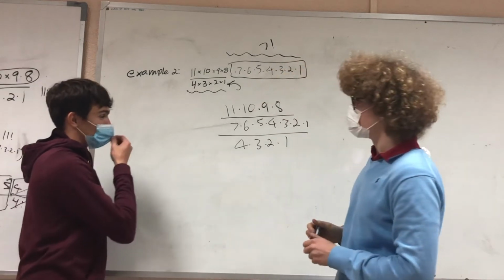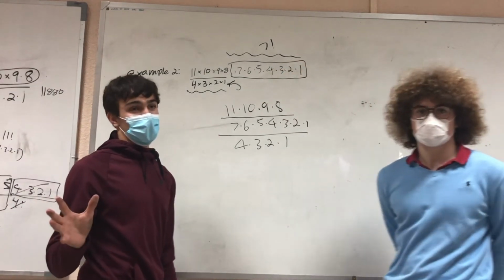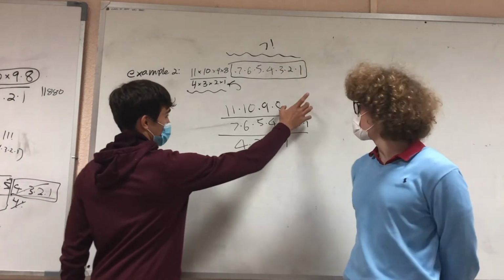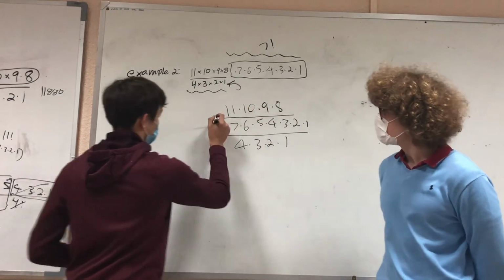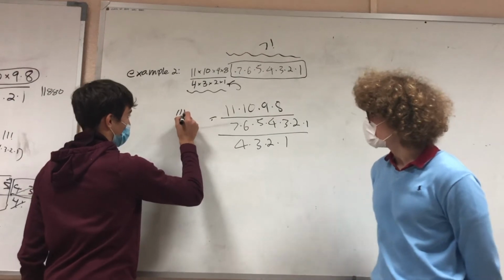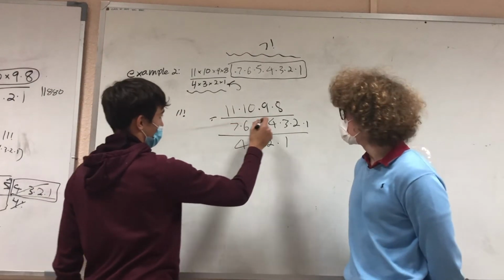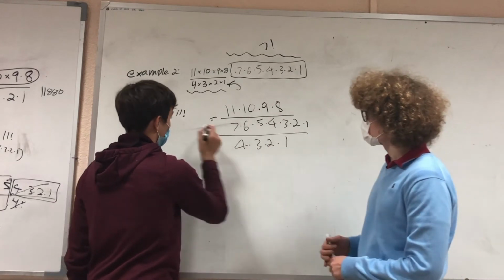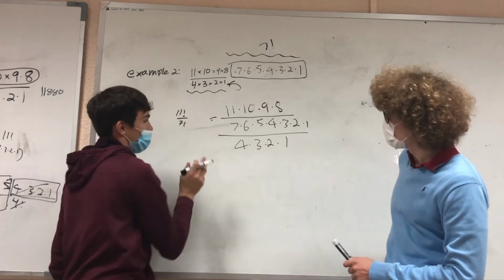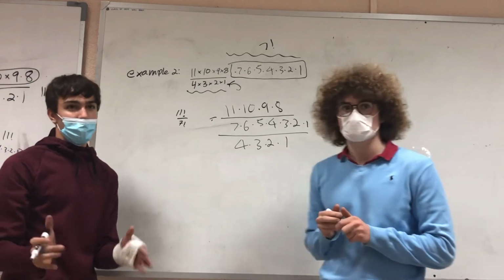Now let me add a brief explanation here. As we mentioned in our previous problem, just for those who may have missed it, if we express this right over here as 11 factorial, we can cancel out the 7, 6, 5, 4, 3, 2, 1 with the 7, 6, 5, 4, 3, 2, 1 down here. So you can re-express it like this. If you missed it in the previous problem, go back and watch it.